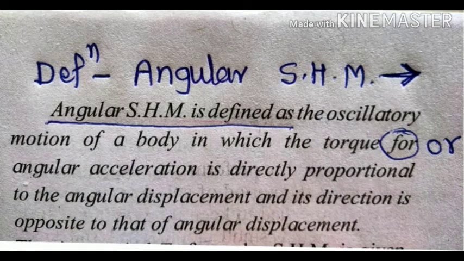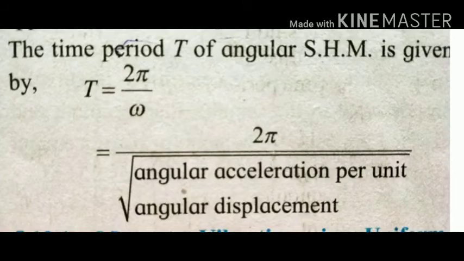Then the formula for time period capital T of angular SHM. By similarity with linear SHM, the periodic time of angular SHM is also given by T is equal to 2 pi upon omega, and omega in linear SHM is root of acceleration per unit displacement.